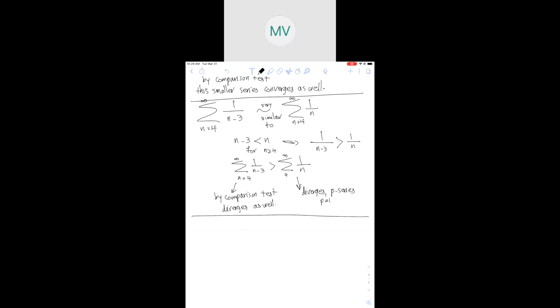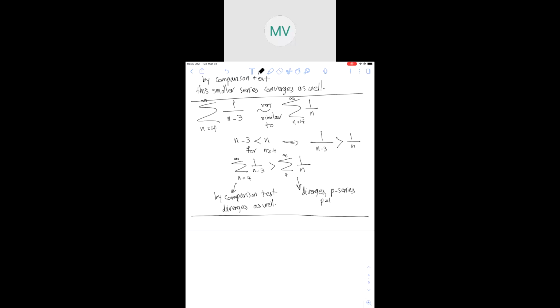Even if the first few terms don't satisfy the inequality, you can still make the judgment. Remember, the first few terms means you're only talking about a few finite values. Even if it's 10 terms, the sum of 10 numbers is a finite number, whereas when you approach infinity, you're dealing with infinity. But no, it doesn't matter what the series starts at.